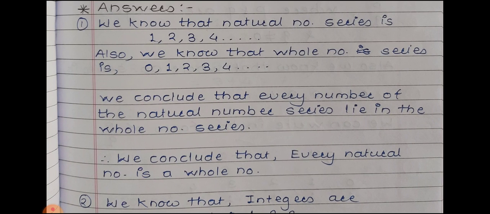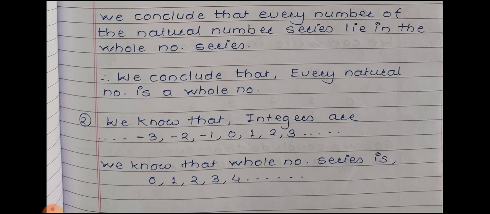Next example, every integer is a whole number. We know that integers are negative numbers, 0 and positive numbers. Means 0, 1, 2, 3 up to infinity and minus 1, minus 2, minus 3 and so on up to infinity. We know that the whole number series is 0, 1, 2, 3 and so on up to infinity.